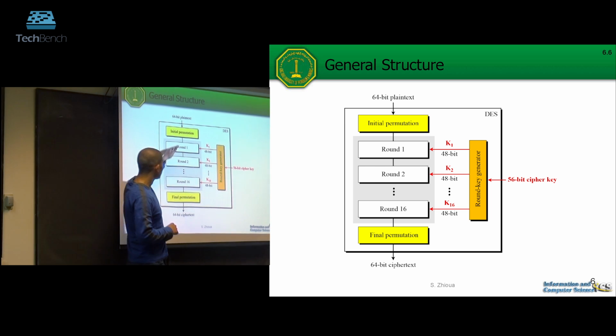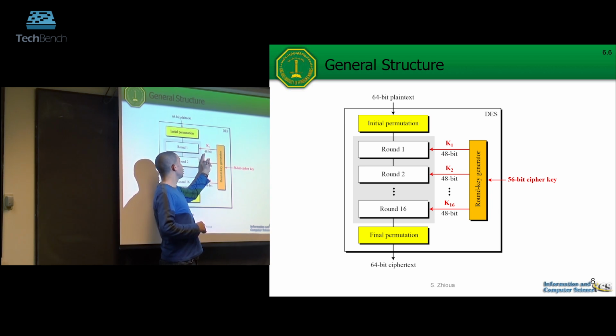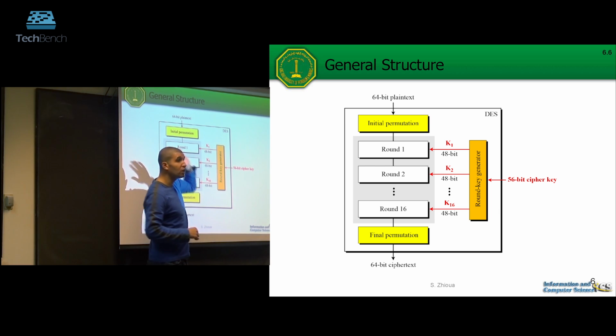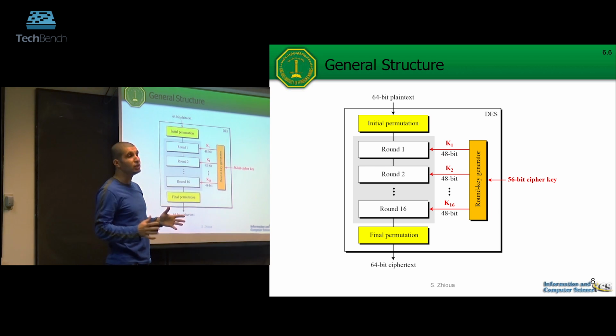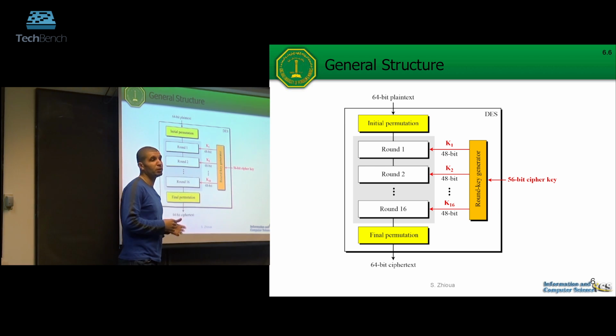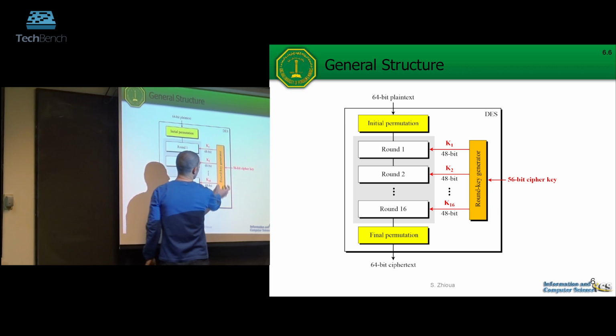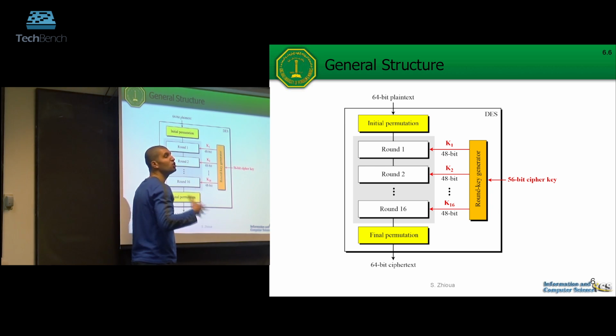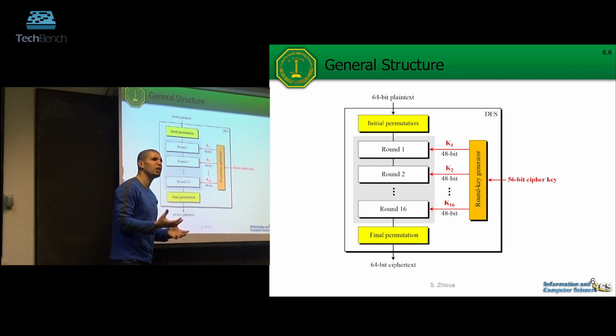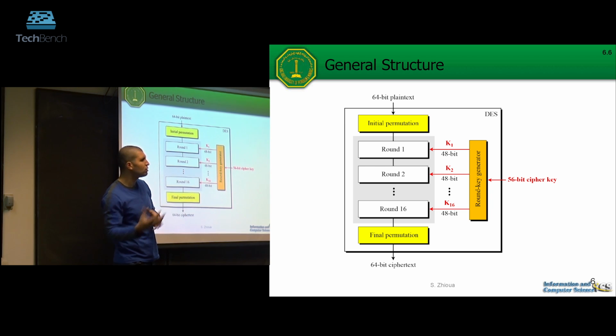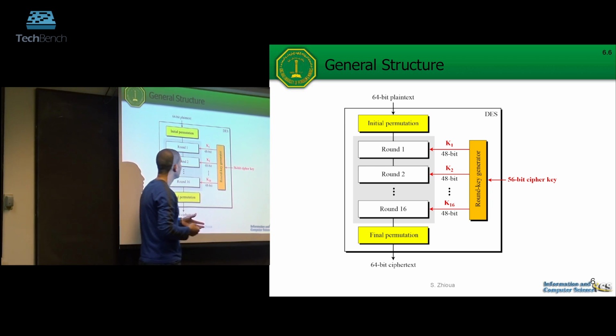In the 16 rounds, every round requires one key of size 48 bits. While the key for a single DES is 56 bits, you need another component here, which is the key generation or round key, a kind of key extraction.